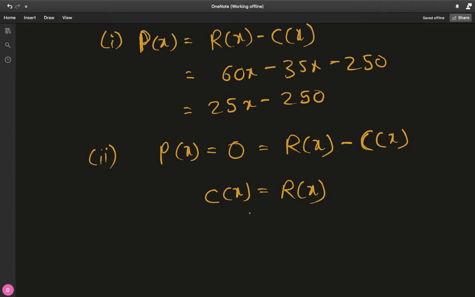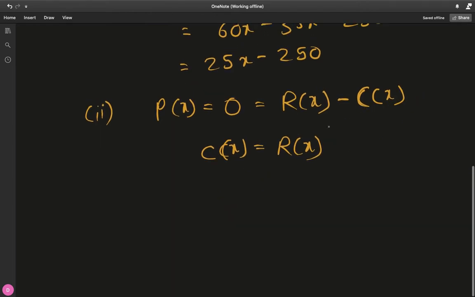Break even points are those points where you get back the money you lost in production when you're selling all that stuff. It's the point beyond which you actually start getting something in your pocket, because until the break even point, all you were getting was used to overcome the cost of production.